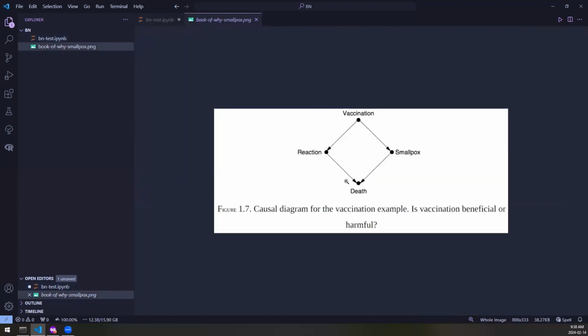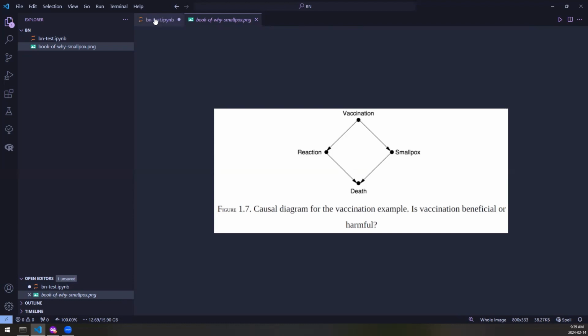To simplify this implementation, I'm going to consider only the first letter of these variables. We have 4 variables, and those are going to be binary variables. That means every single variable here has only 2 expected values: true and false, yes, no. For vaccination I'm going to use the letter V, for reaction the letter R, and so on and so forth.